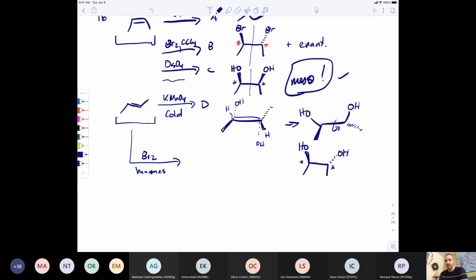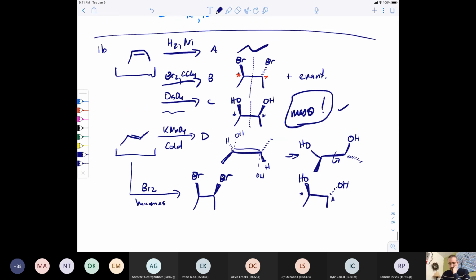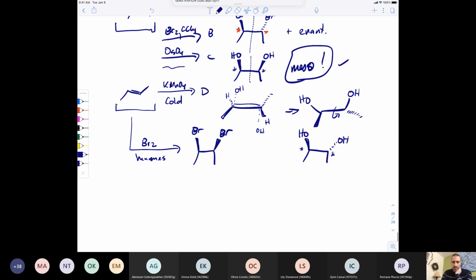So adding anti to a trans alkene will give you a meso compound. So the answer is C, as the only conditions here that are going to give you a meso compound.